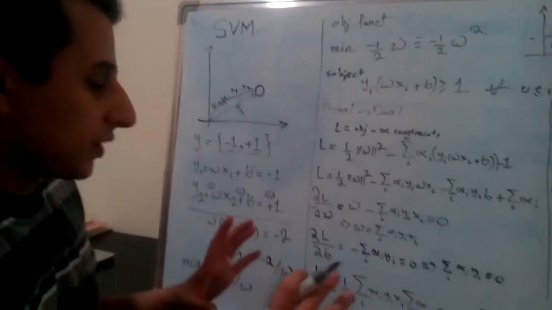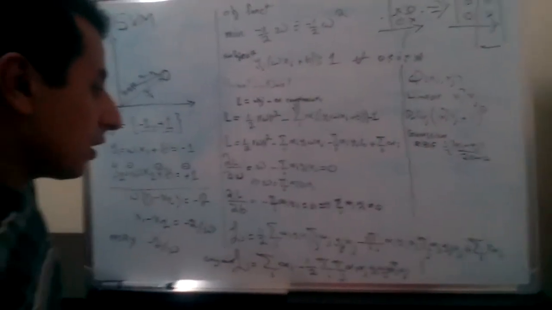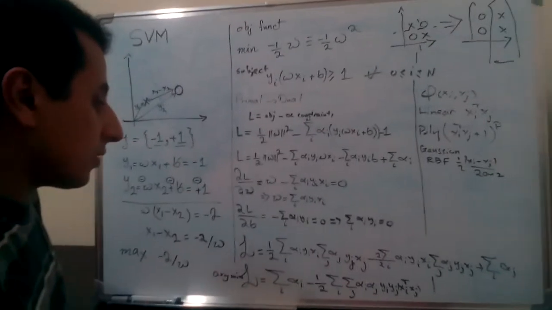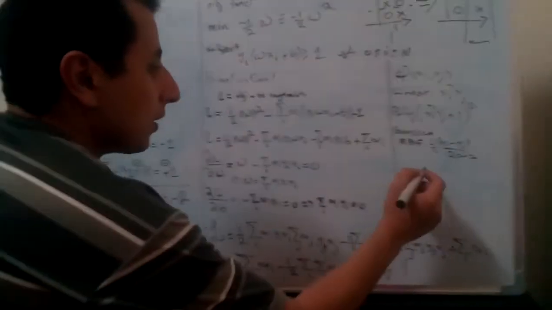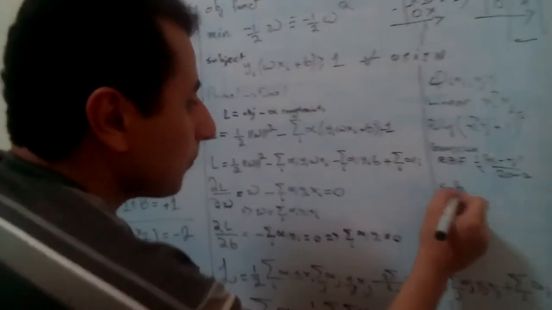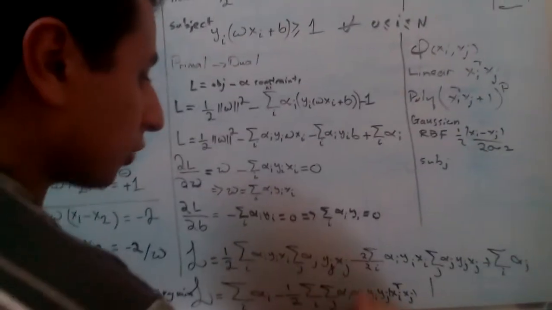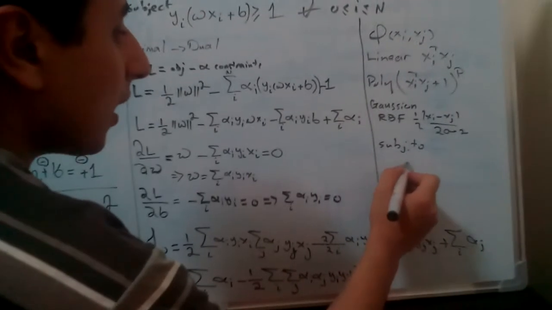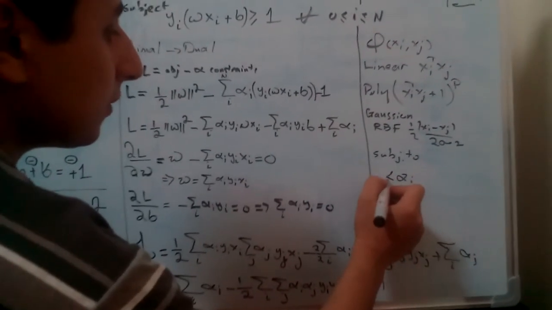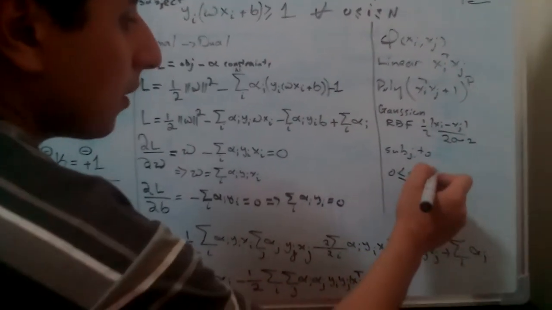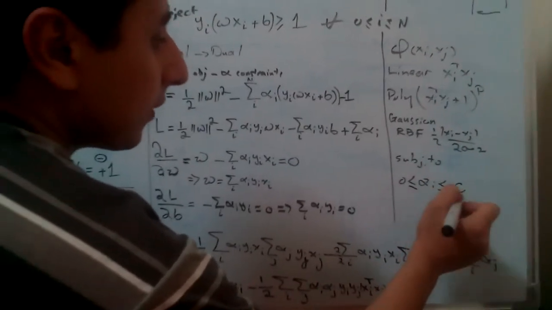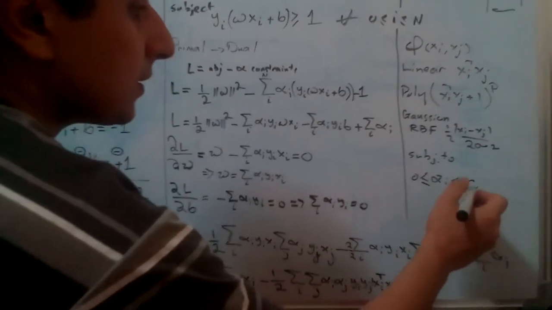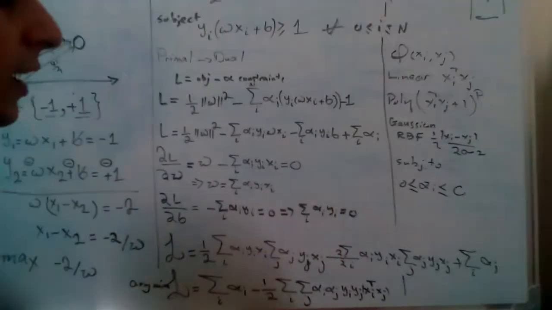So having done all this, what is remaining? Remaining are the constraints. So we know that the constraints in this case, so subject to, this is our objective function, subject to alpha of i greater than 0 and less than a value C. C is also a parameter for the algorithm.